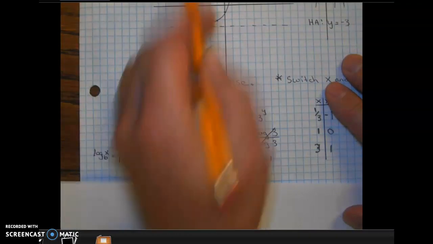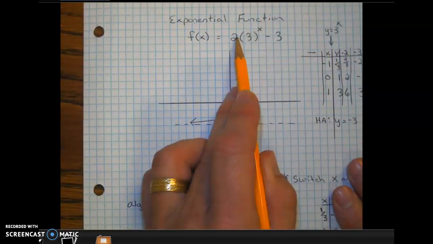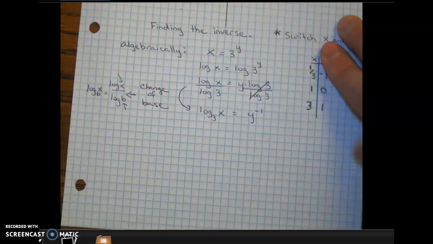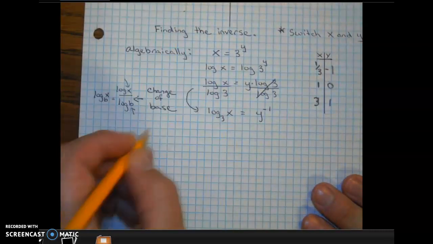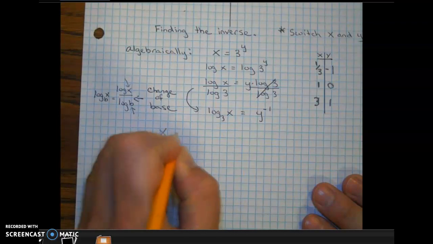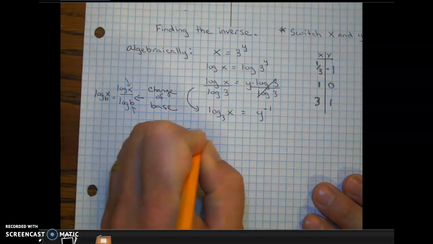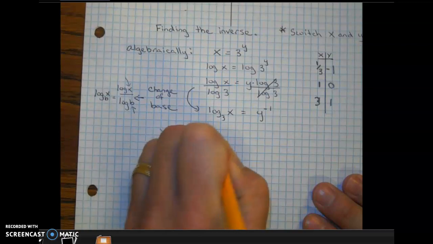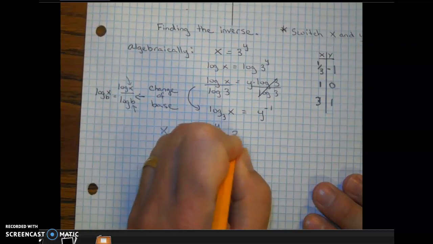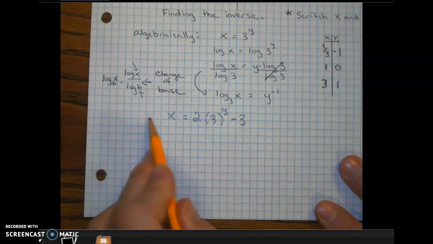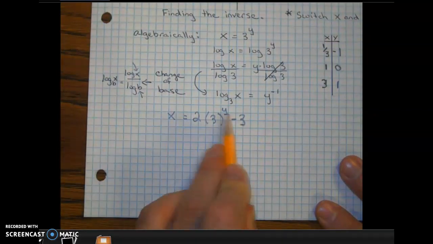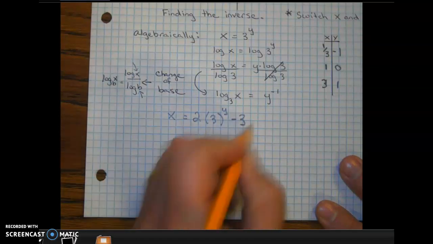Okay, so let's move on and let me explain how to find the inverse for this function. So let's walk through those steps. The first thing we're going to do is switch x and y. Then we're going to solve for y. So before we take the log on both sides, before we take care of this exponent here, we're going to need to undo adding and subtracting.